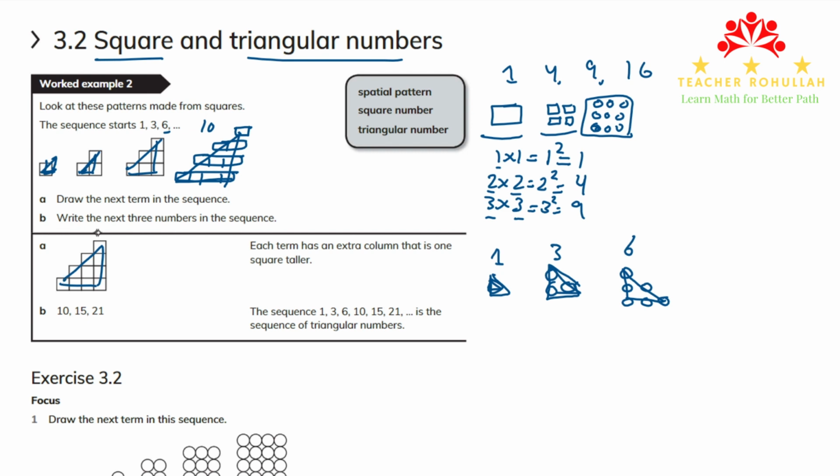And part B says, write the next 3 numbers in the sequence. So the first one is 1, then 3, then 6, then 10. Then we have 15. Then we have 21. Then we have 28, and so on, because it's asking only 3.